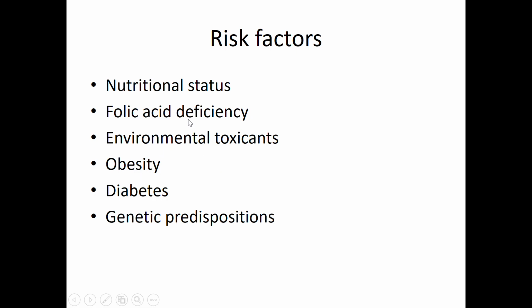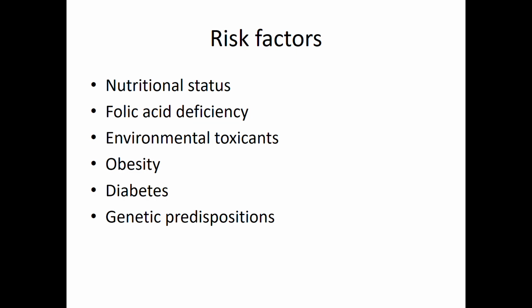Now, as we had discussed, this process of neurulation takes place around the third week of gestation. Why it is important here is, usually within the first month of pregnancy, not everyone gets to know that they're pregnant. So they don't start taking supplements, or they don't improve their diet or nutrition.